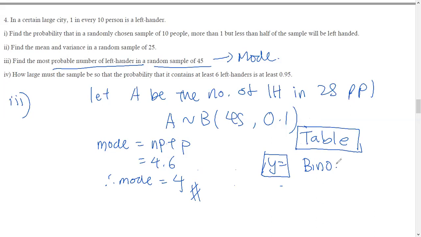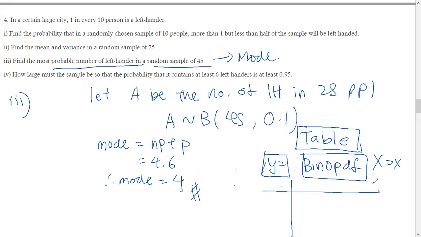In this case, it is binomial PDF, and the unknown here will be X. Then on your calculator, go to the table function, and it will show you this table.